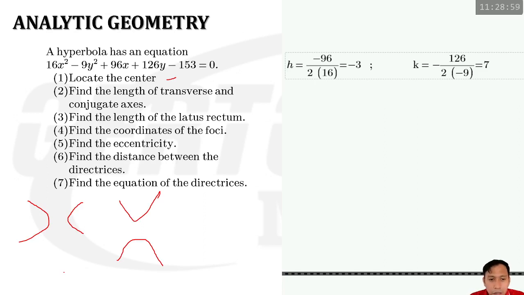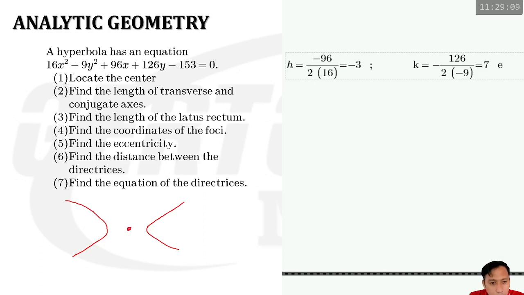Now, pwede man that i-assume ko ito na ganito. If I would assume that, ito yung gagawin ko. I would try to find what is the corresponding x coordinate of this point. The center nito has the same y coordinate with this point, so dapat 7 din yung y coordinate, if indeed it opens left and right.